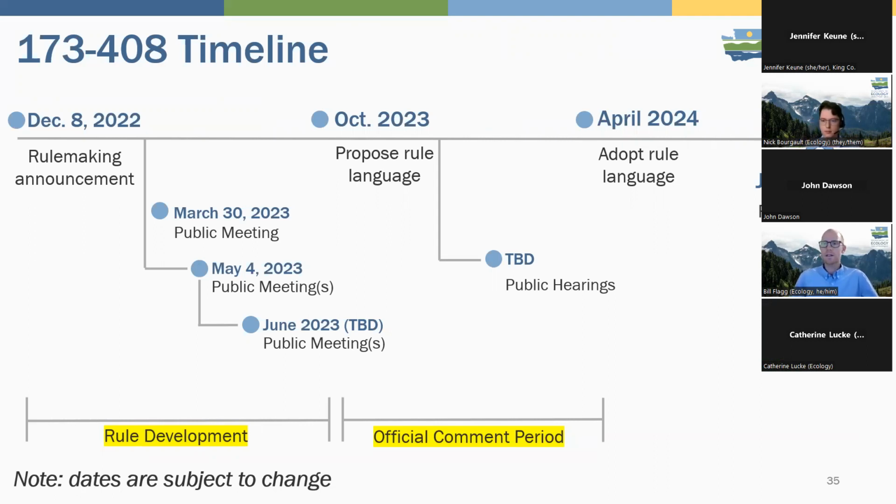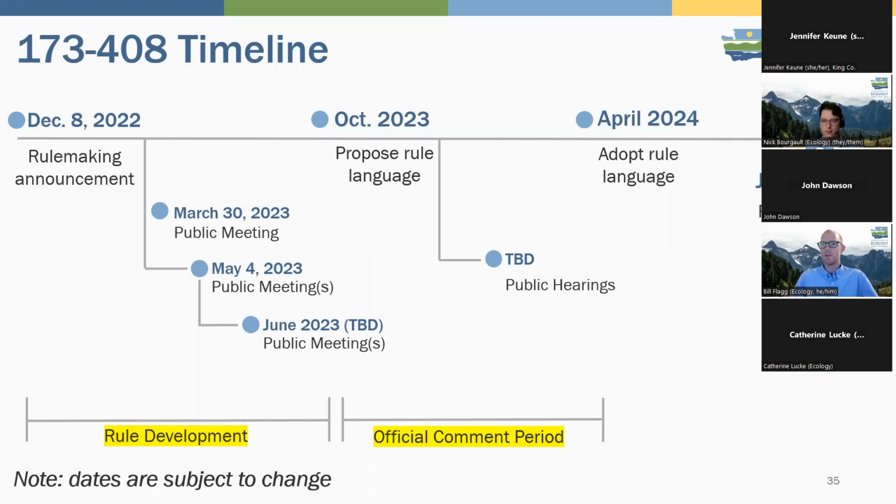Okay, well, these last few slides are going to be wrapping up our meeting today and talking about some next steps. So we showed this timeline slide at our last public meeting. Where we're at right now, we're in our rule development phase. We already had our first meeting on March 30th. Today is our second meeting. And we are going to be holding another meeting likely in mid-June, and we will be sending that invitation out next week, fairly shortly.